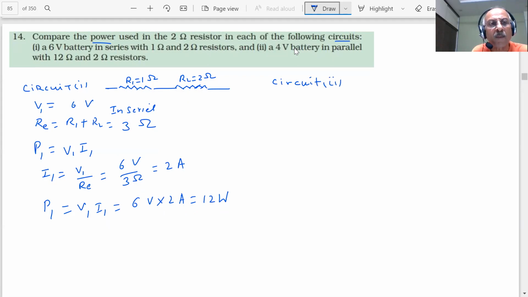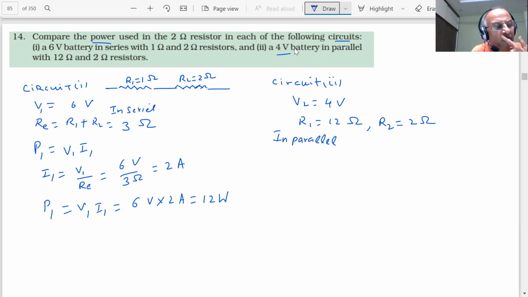Circuit 2. What is the value of V2? 4 volt. And you have R1 12 ohms, R2 2 ohms, and in parallel, student.